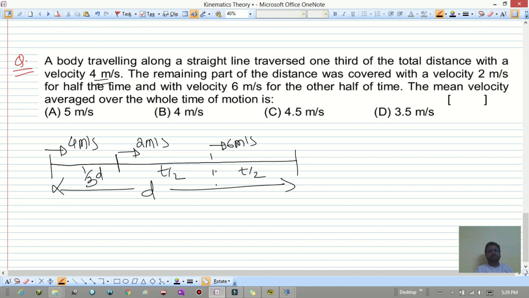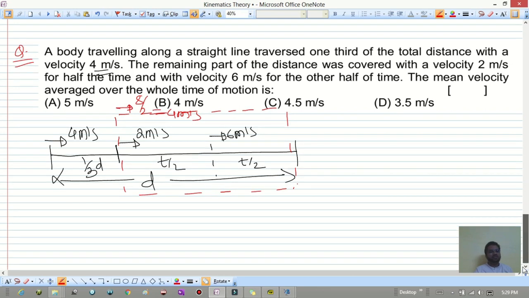Now whenever time is same, I told you, you can actually average this out. So throughout its motion, what is the velocity? Velocity we have is v1 plus v2, that is 2 plus 6, 8 divided by 2. So it is 4 meter per second. Now initial velocity is 4 meter per second, final velocity is 4 meter per second. That means throughout its motion, the velocity is constant.